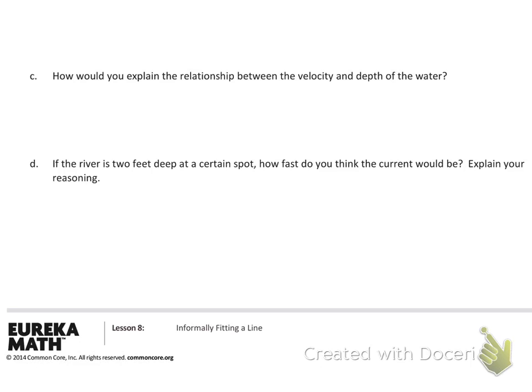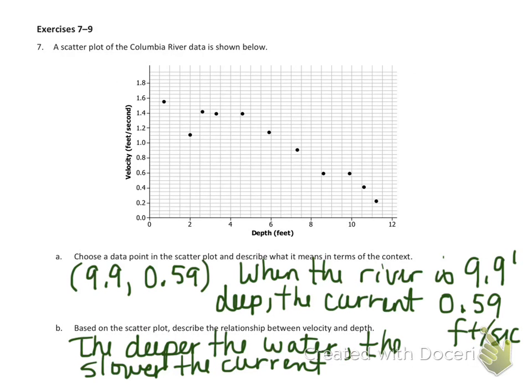Okay, so if the river is 2 feet deep at a certain spot, how fast do you think the current would be? Explain your reasoning. Go ahead and pause the video and answer that one. So let's look back at the scatter plot to see what's happening when the river's 2 feet deep.